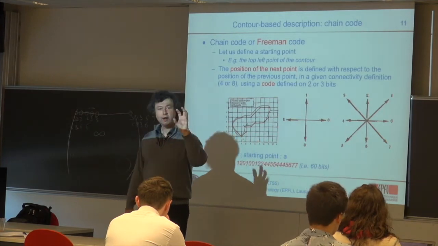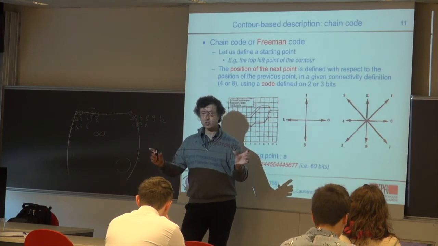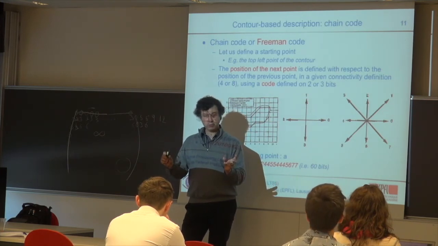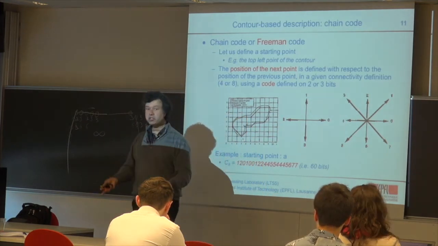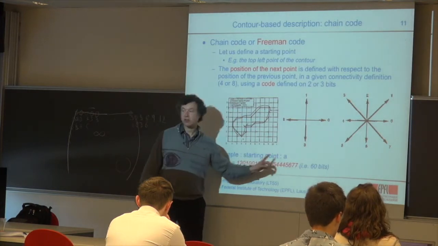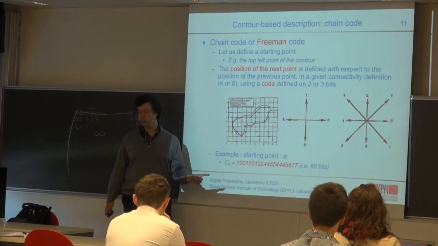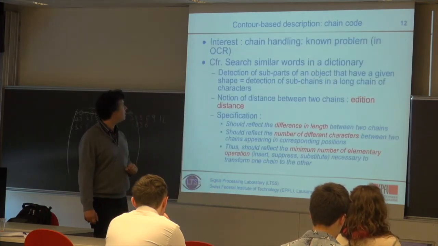And in your preferred word editor, when you have 2 strings of characters, you can compare them for doing spell checking, for instance. And so there is a large literature on how to say whether 2 chains of characters are similar to each other or not. And this is really what Freeman has proposed. And this is the history of it.